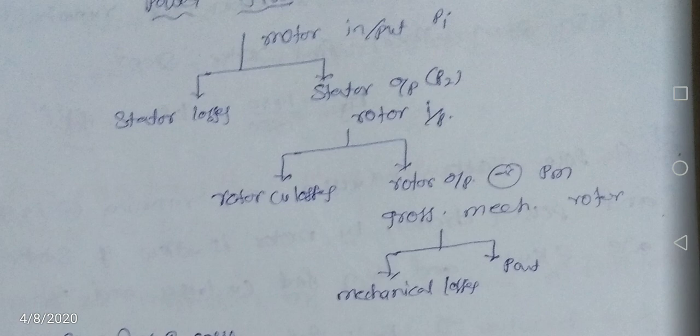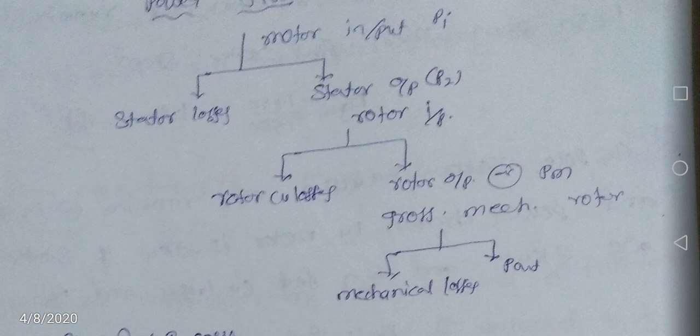That stator output power P2 is also called the rotor input power, given to the rotor. In the rotor there are rotor copper losses, and the remaining power is the gross mechanical power developed by the rotor, or rotor output power PM.